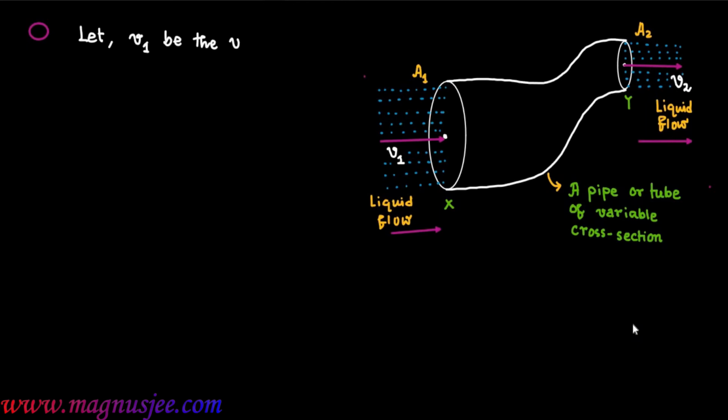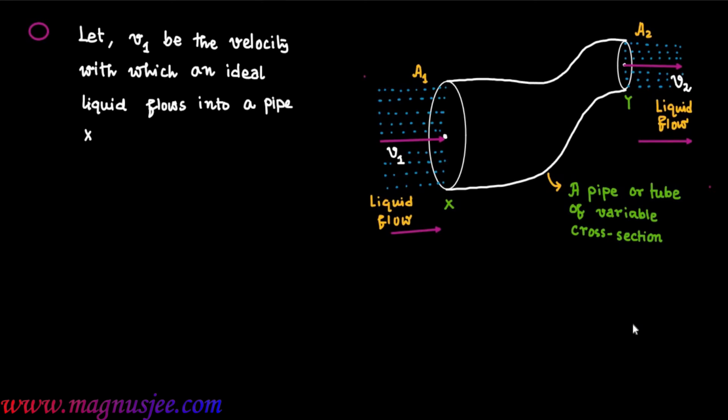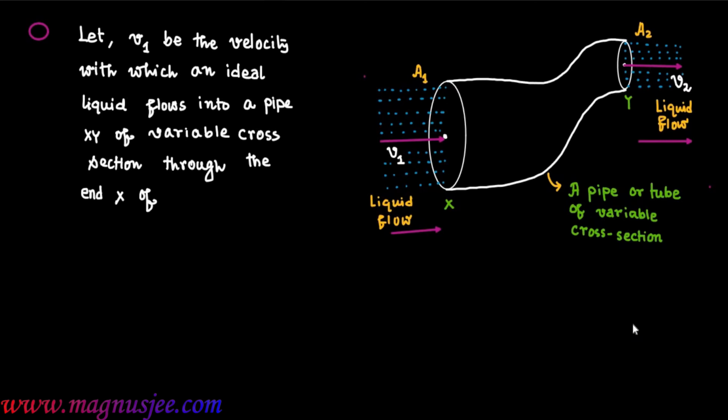And let V1 be the velocity with which an ideal liquid flows into a pipe XY of variable cross section through the end X of area of cross section A1.